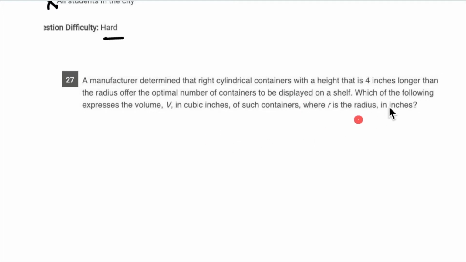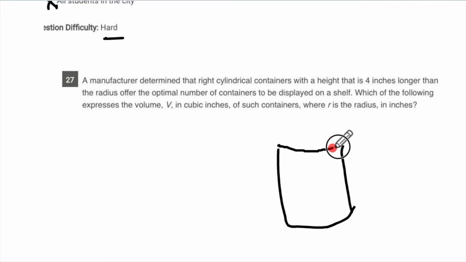But anytime there's a problem like this, I like to draw it. A cylindrical container. So here we go. It's my great drawing. And it tells us this is the radius, right? A height that's 4 inches longer than the radius. So this is the radius, so the height is going to be the radius plus 4.